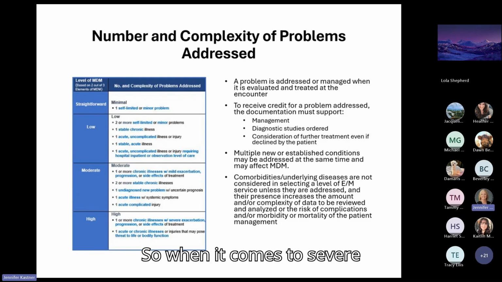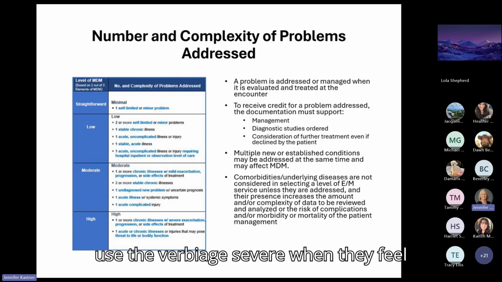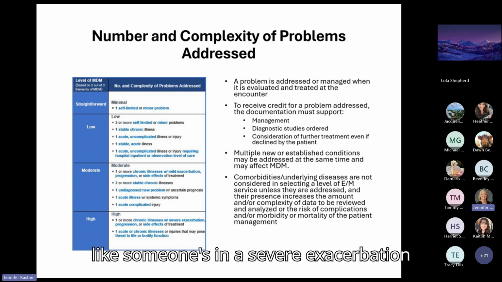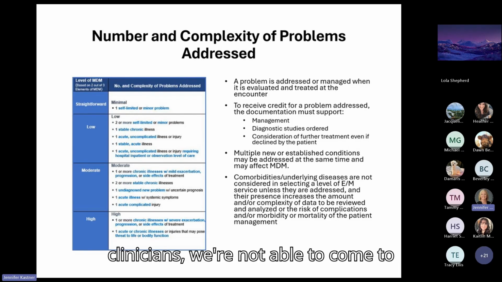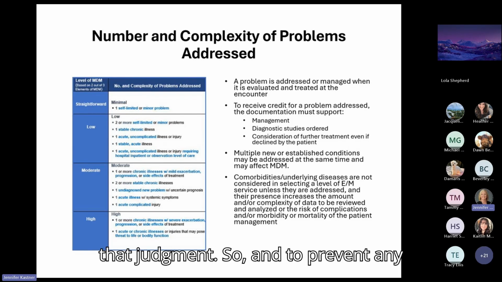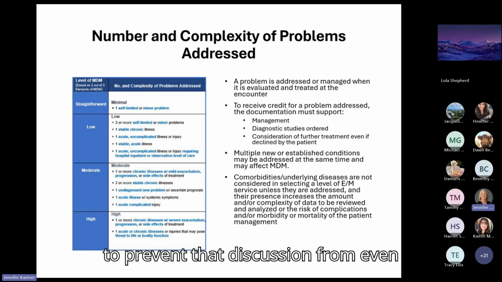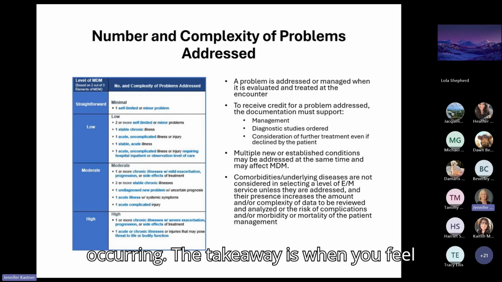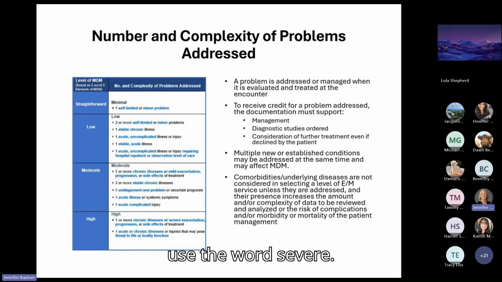So when it comes to severe exacerbations, I recommend that providers use the verbiage severe when they feel like someone's in a severe exacerbation of something. Because again, we're not clinicians and we're not able to come to that judgment. To prevent any scrutiny or gray areas, to prevent that discussion from even occurring, the takeaway is when you feel like something's a severe exacerbation, use the word severe.